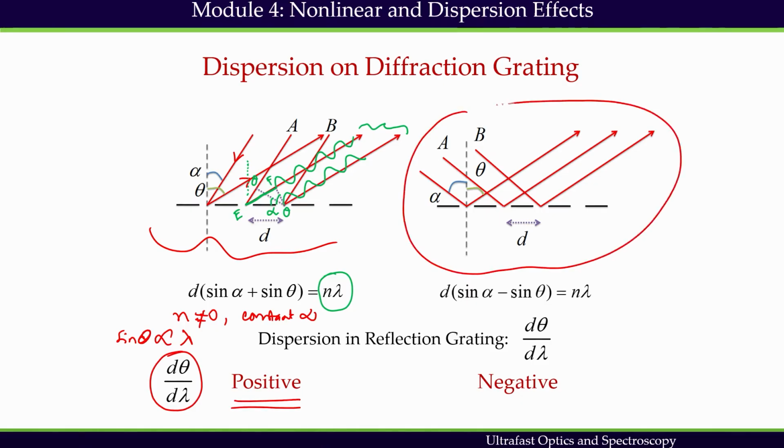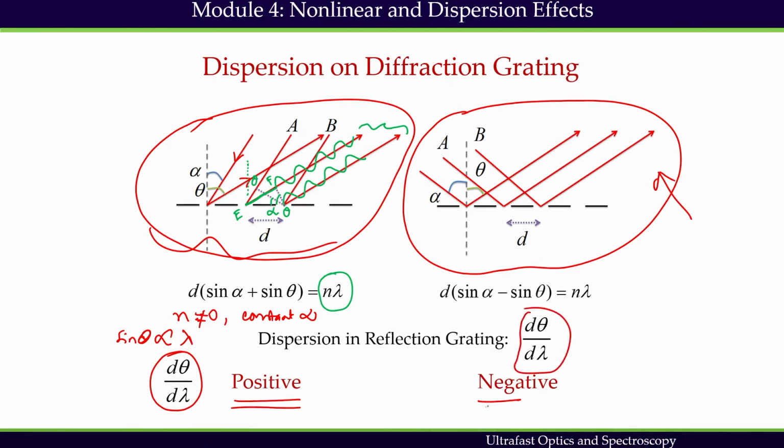What is the difference between this geometry and this geometry? In this geometry, both rays A and B are on the same side of the surface normal, but in this configuration, both rays are on the opposite side of the surface normal. If they are on the opposite side, we can prove that this d theta d lambda is going to be negative.